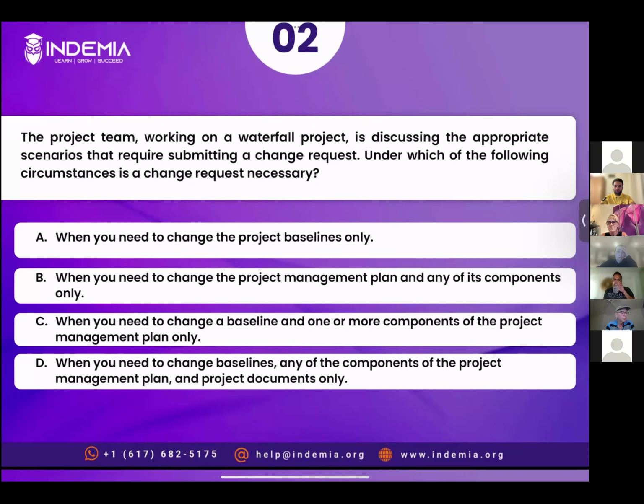A change request is required when you need to change project baselines or any of the components of the project management plan. You don't need a change request when you need to change any project document. So there's a difference between plan and documents, right? So for example, we have three baselines: scope baseline, cost baseline, schedule baseline.